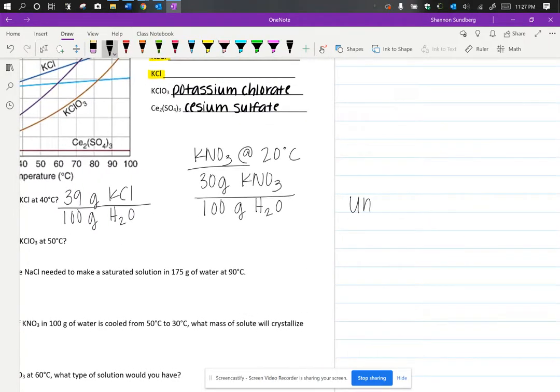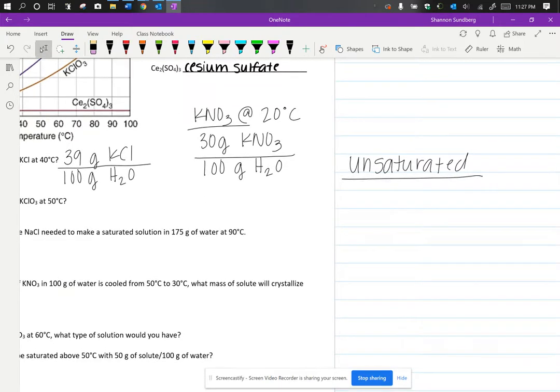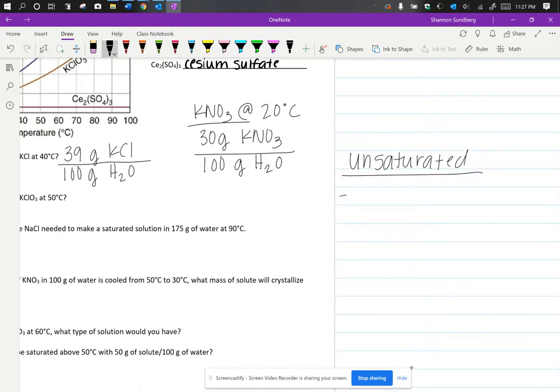So an unsaturated solution, that solution will continue to take in solute. So there are no solid particles at the bottom of a glass, we'll say, and the solute will dissolve.